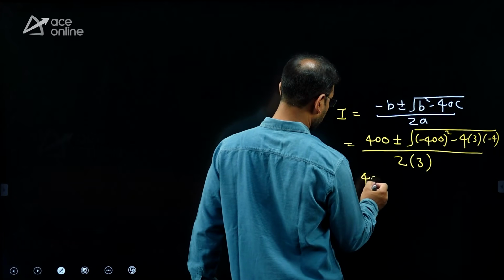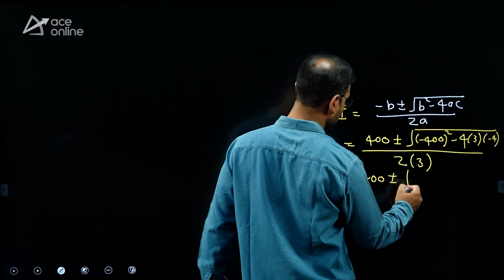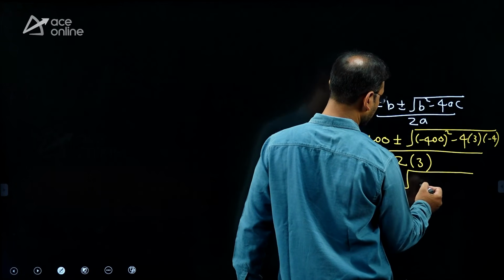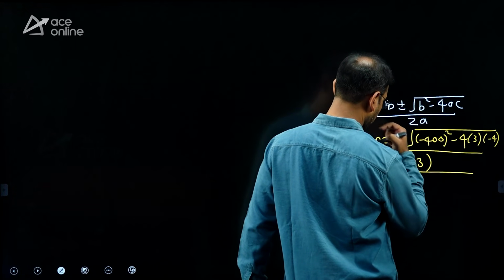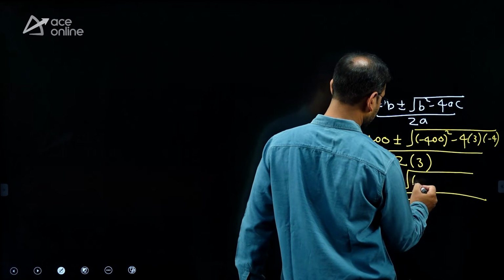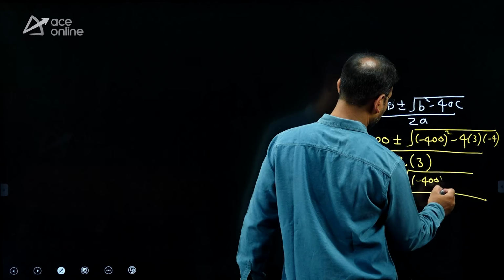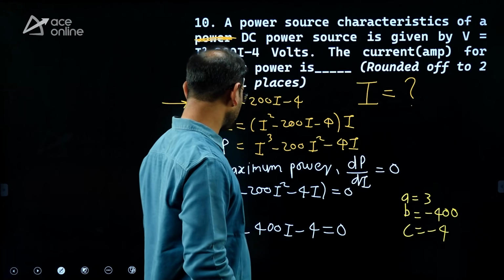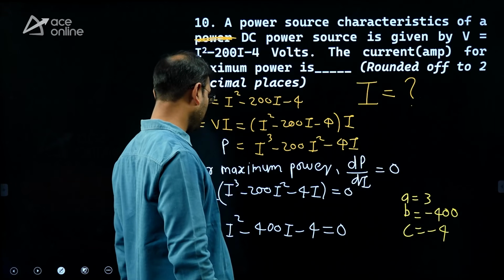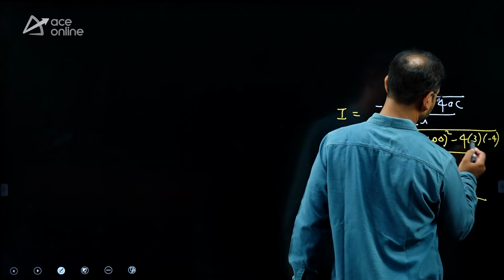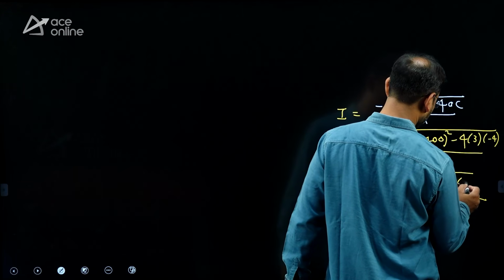Equal to 400 plus or minus root of 400 square plus 48, divided by 6. You do the calculation with a calculator. Minus 4 is C, correct, A is 3 and C is minus 4.